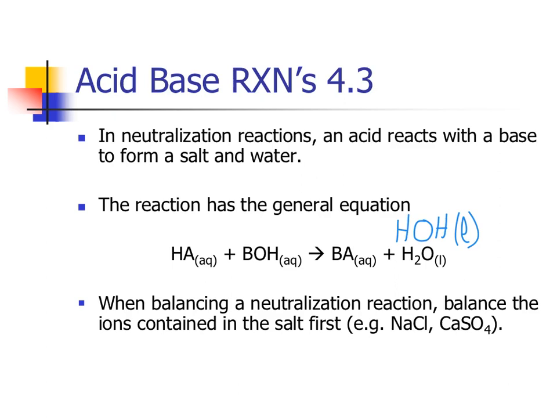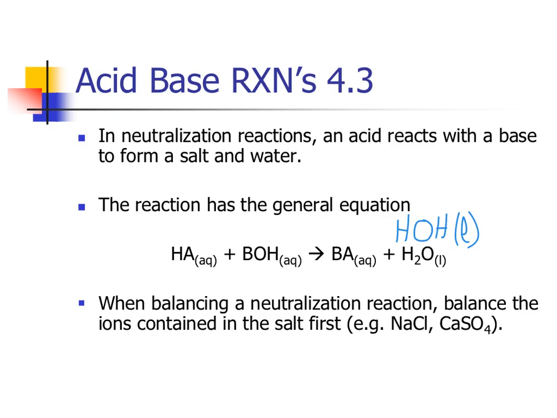As we look, we don't form a precipitate, but if we looked at the net ionic equation, water, because it's a liquid, would not be in its form, and instead all you would say is that you have an acid coming together with a base to form water. Everything else would be spectator ions here.